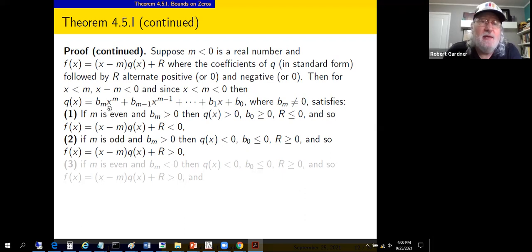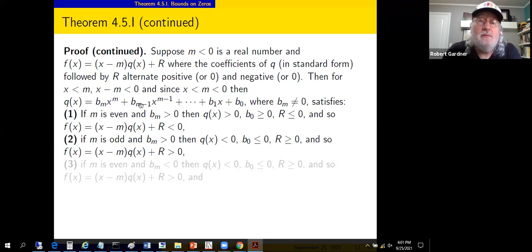So here we're taking a negative x value and we're raising it to m, an odd power. Well, x to the m will be negative if m is odd and x is negative. B sub m is positive in this case. We've got a positive times a negative. That will be negative.